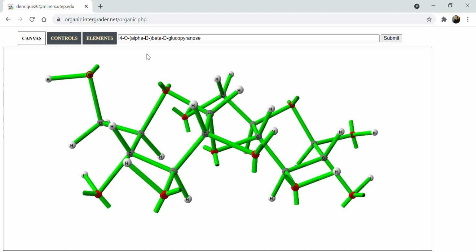So this is also glucose. So I'm going to put, and then I'll put a dash after those parentheses. 4-O, and then I have some little examples of names that I wrote down.